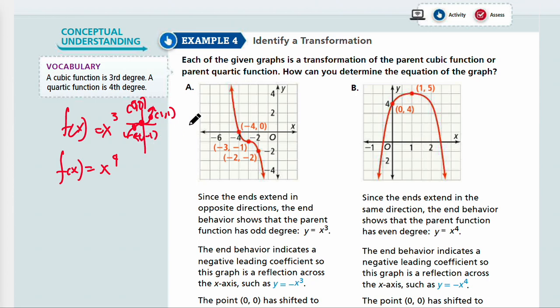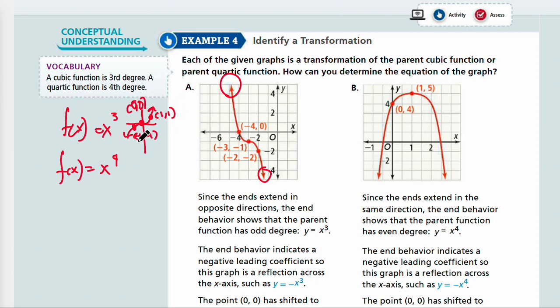Okay, so let's look at the first graph. From this graph, it looks like it's flipped, right? There's a reflection. So it shows that it is a negative function because looking at the end behaviors, it starts positive and then ends with negative.